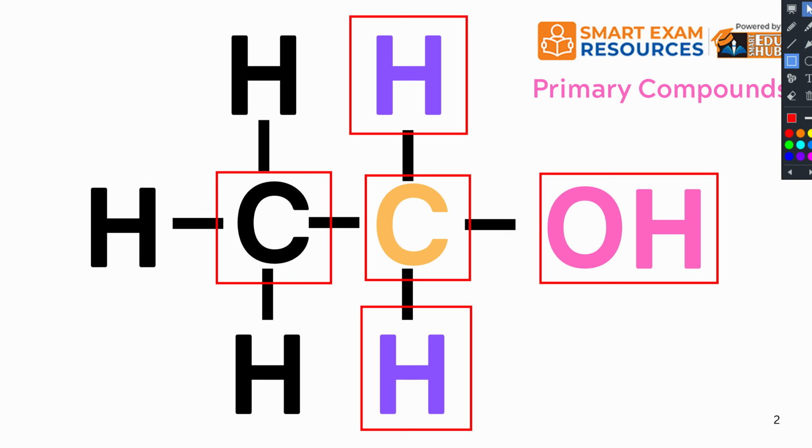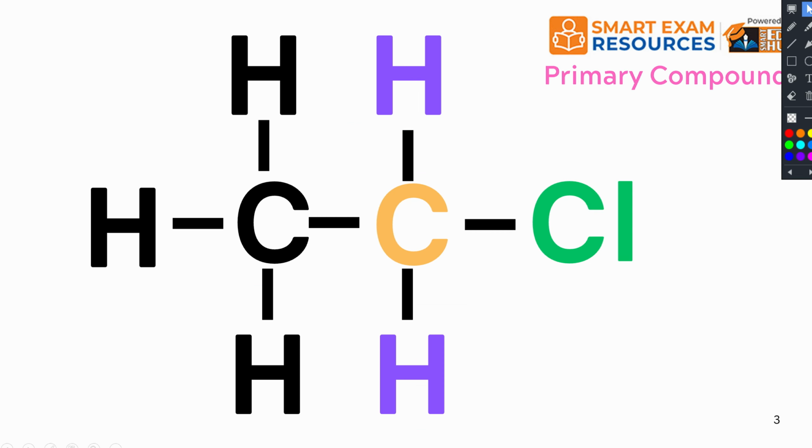Let's move ahead. This again is an example of a primary compound, and this is a halogenoalkane because there is an alkane bonded to a halogen atom. This is the functional group of the compound, that is chlorine.